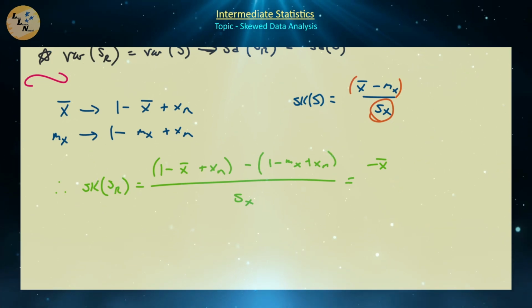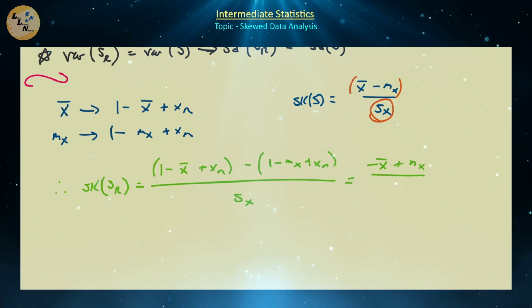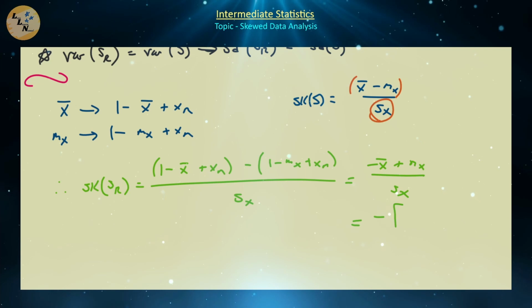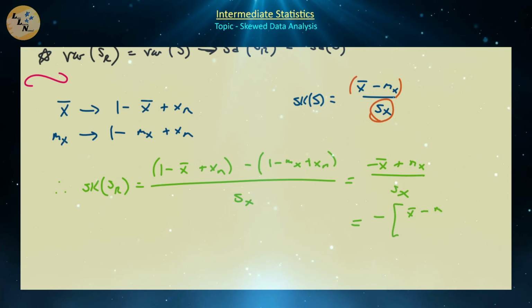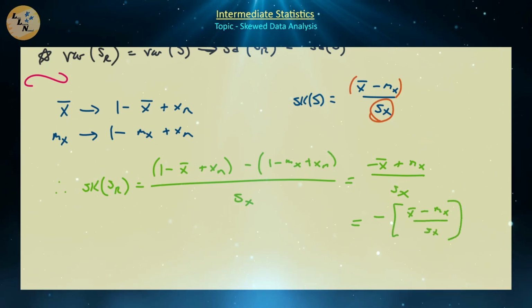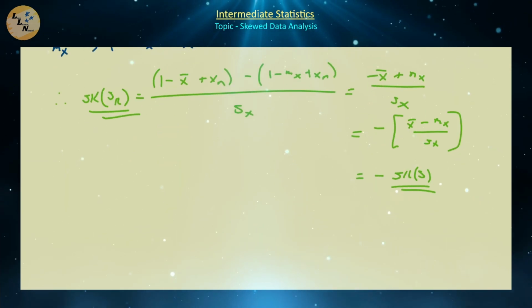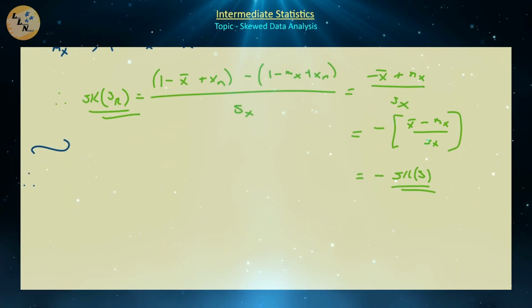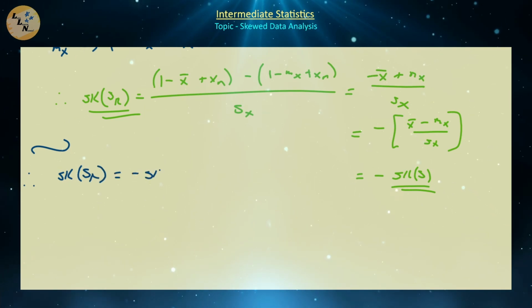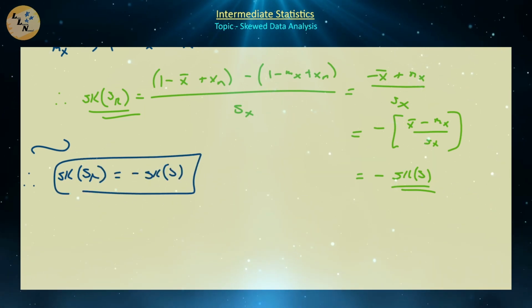The xm minus xm is also going to cancel. And then we're going to be left with the median of x on the top divided by the standard deviation of x, which is going to be equal to minus x bar minus the median divided by the standard deviation of x, which is minus the skewness of the original data set, right? So what have we proven here? This is very, very important: the skewness of the reflection is equal to the minus skewness of the original.